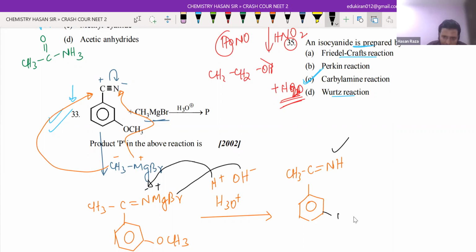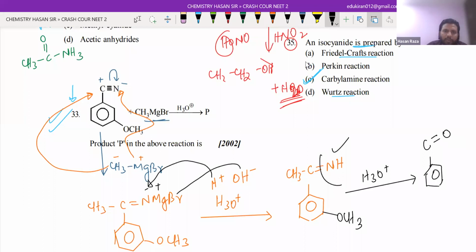After this, since it is present in acidic water, again this will attack and this will be removed and you will get C double bond O. COCH3 we can directly write as well. So this will be written as COCH3 and here it is OCH3.